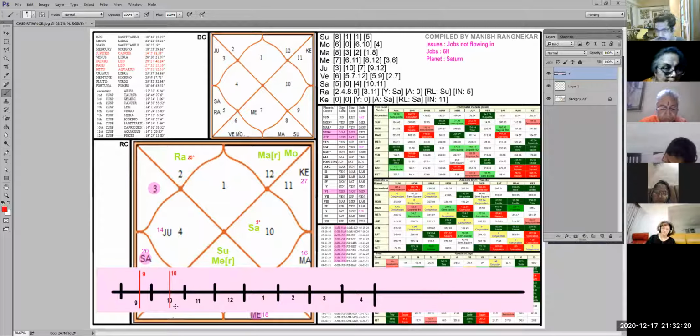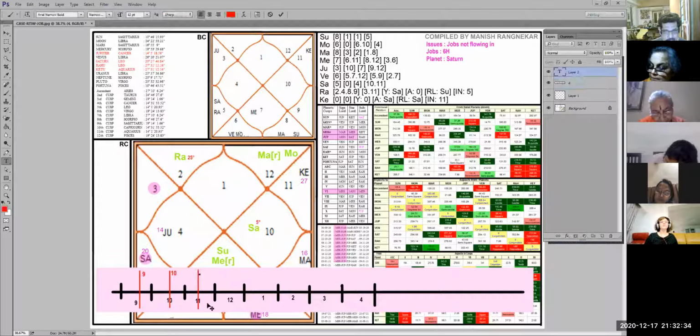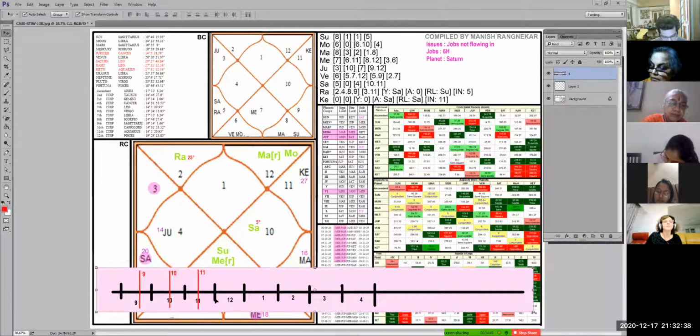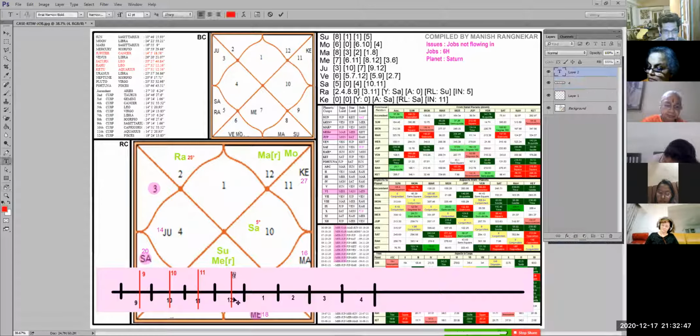Now you'll understand what I was saying, that it is staggered. 11th house, Aquarius, 14 degrees. 12th house, Pisces, 19 degrees, somewhere here. This is the start of the 12th house.